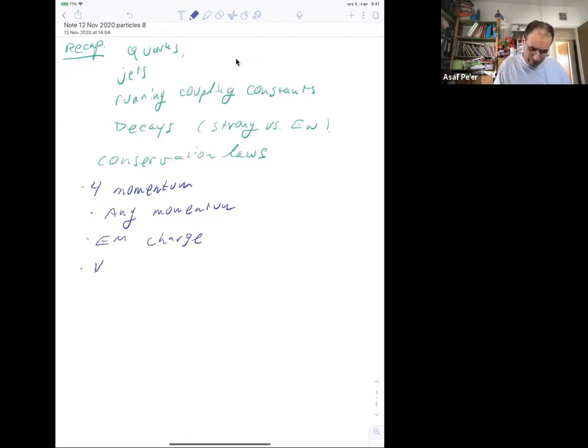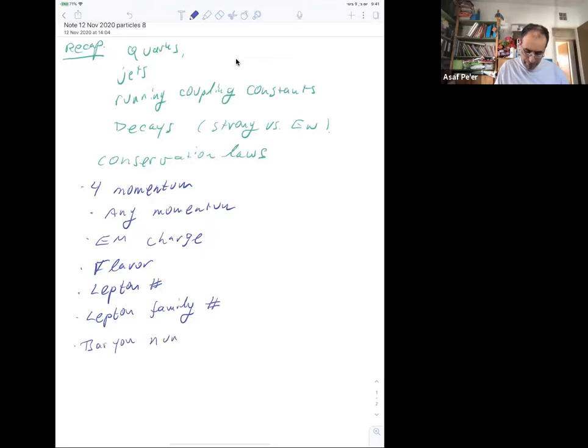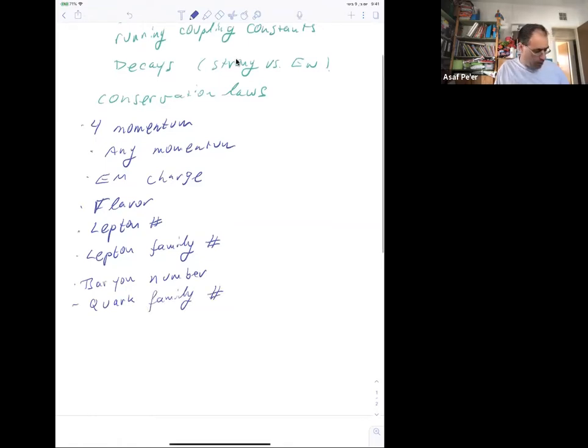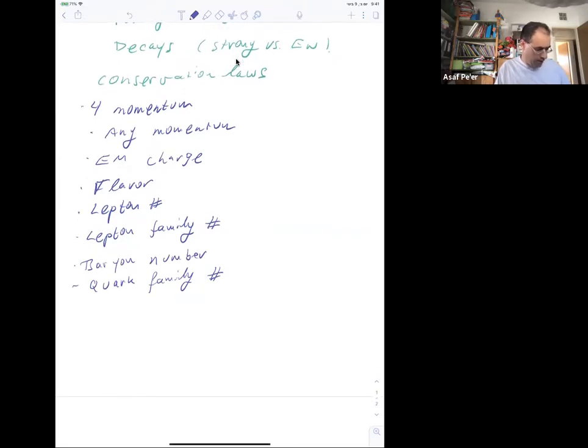Flavor, leptonic number, we had lepton family number, baryonic number, and quark family number. And then we said that all the four-momentum, angular momentum, and the charge are conserved in all interactions.